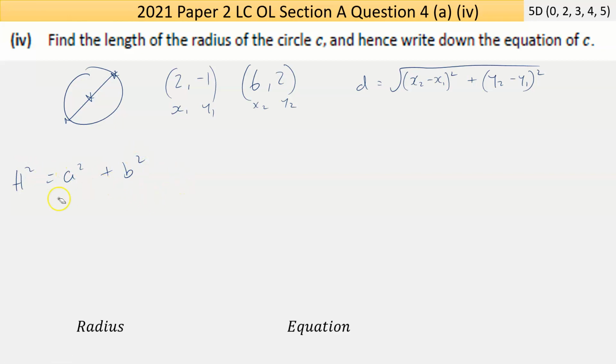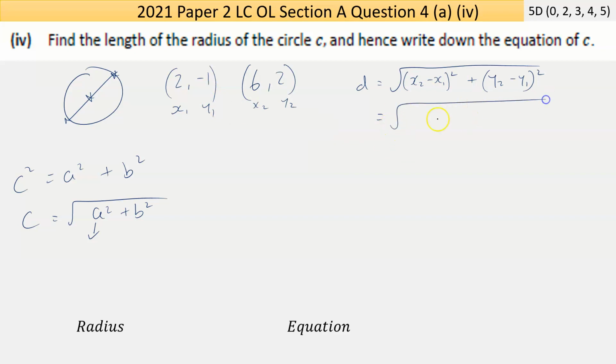Actually, I should change that to a c. Nobody uses h anymore. And then if I want to bring the square, I can bring it across and square root everything on the far side, and I end up with this formula here, which if you see is fairly like the distance formula. The only difference is the a value is the difference in the x's, the b value is the difference in the y's. So the distance formula here has been adapted for use with coordinates, which is what I have.